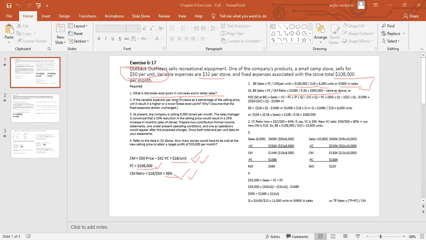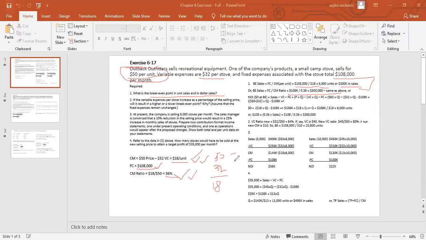If the variable expense per unit increases as a percentage of the selling price, will it result in a higher or lower break-even point? Well, we said it earlier. Think about it, this is your selling price now, 50. Your variable cost is 32. So your contribution margin is 18.